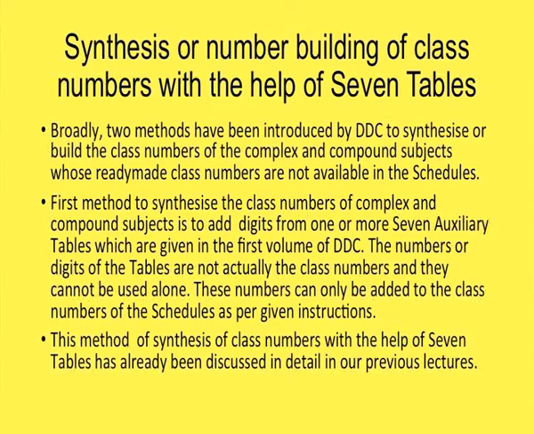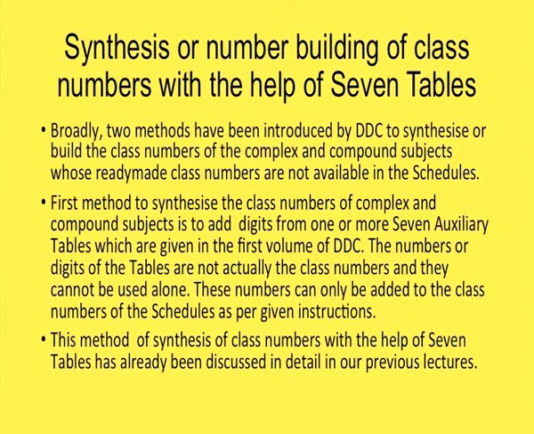These tables have ready-made numbers, but these cannot be used alone. The numbers of these tables are added to the numbers which are given in the schedules. So, this is the first method to synthesize the complex and compound subject class numbers.